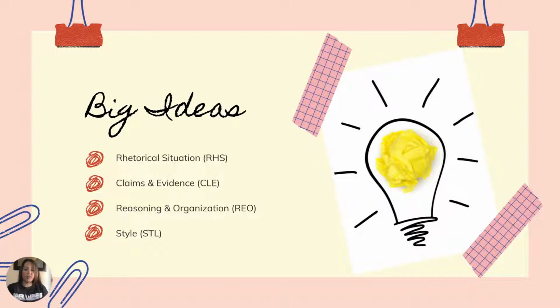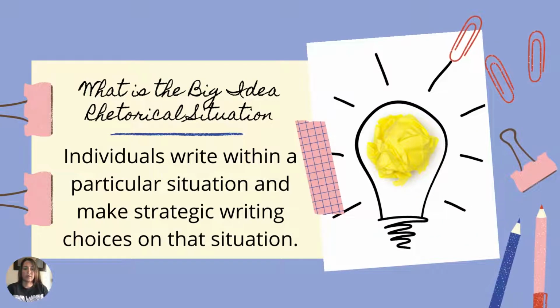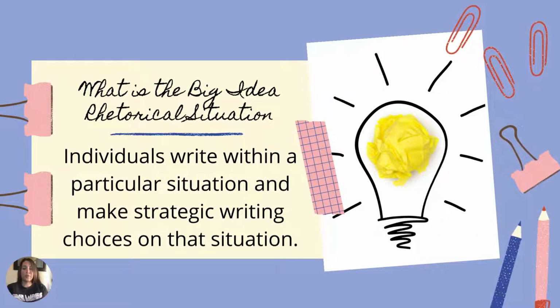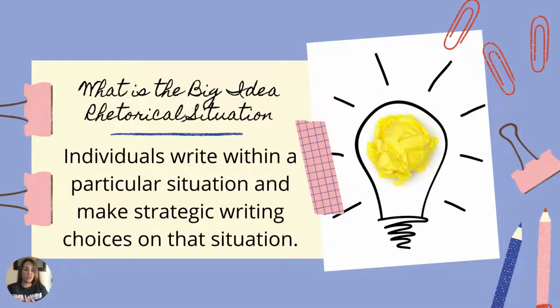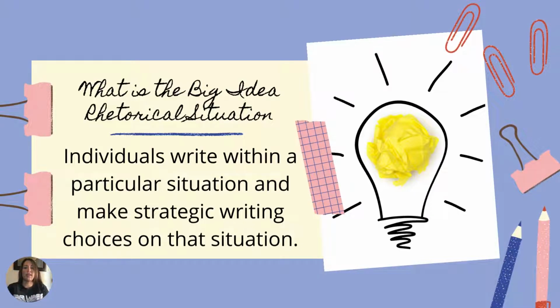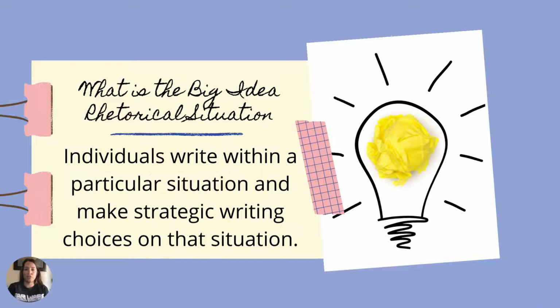Unit 1 primarily focuses on rhetorical situation and claims and evidence. So the rhetorical situation big foundational idea is that individuals write or speak within a specific situation and make strategic writing choices based on that situation.